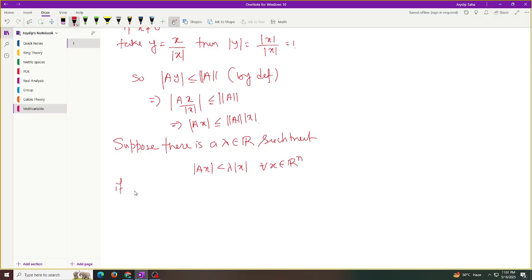If mod x is less than or equal to 1, then, I should write less than, so the supremum, this implies norm A is at most lambda.